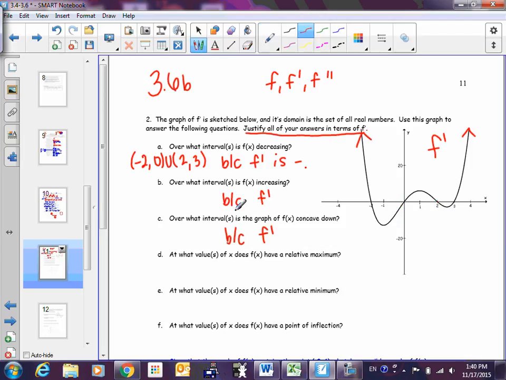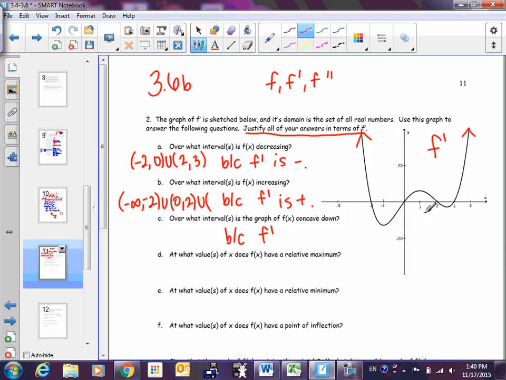So then what would our justification be for increasing? F prime is positive, which would, in this picture, relate to where this graph is above the x-axis. So we would start with negative infinity, and we'd stop right here at negative 2. Okay? And then we'd pick back up with 0 to 2. Again, this is where this graph is positive.